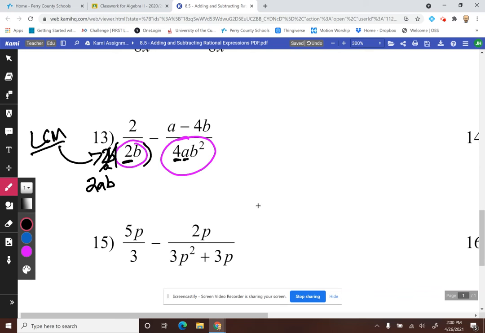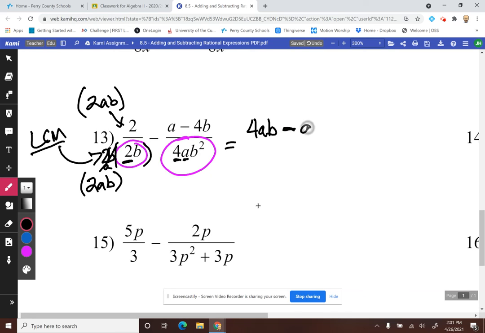So what I'm going to have to do, if I multiply this bottom by this, means I'm also going to have to multiply the top by that same thing, by that 2ab, okay? So let's write out what this looks like now. I've got 2ab times 2, which would make 4ab. Okay, and I'm subtracting, now notice this, I'm subtracting a.